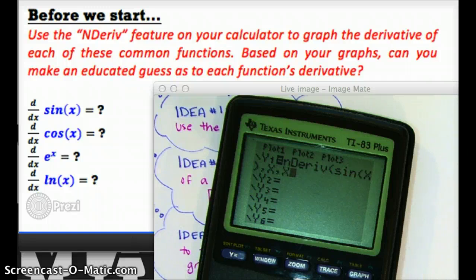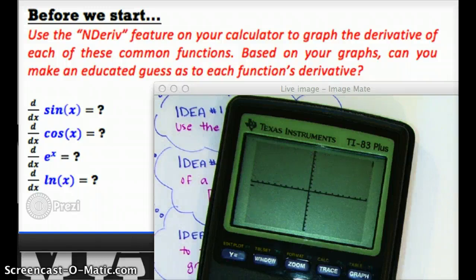You're telling the calculator just to graph the derivative for each x value. If you have a TI-84, this might look a little different. But either way, when you go to the graph, it's then going to show you what the derivative looks like. Your job is to look at this graph and see if you can make an educated guess about what function the derivative is. And when you're done with sine, go back and do the same thing for cosine, for e to the x, for ln of x.